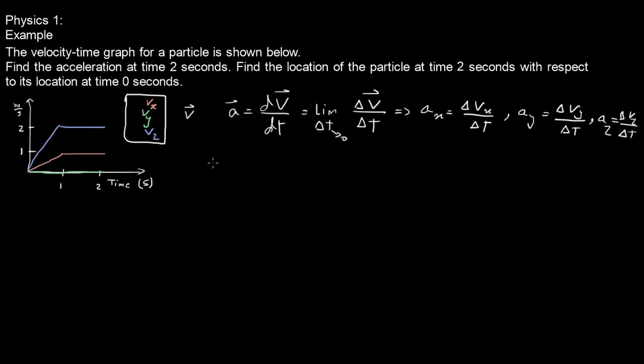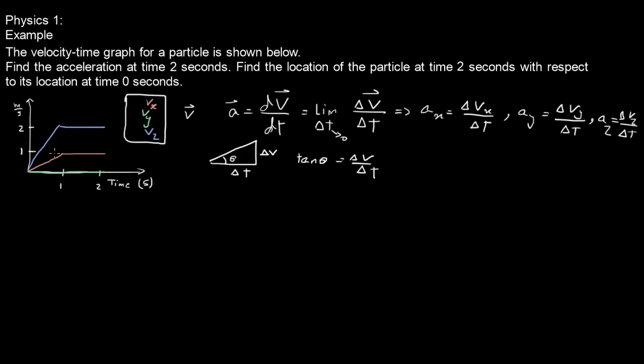Now remember, if I had this triangle and this was delta v, some number 3, 4 something, and this was delta t and this was theta, then tangent of theta equals delta v over delta t.